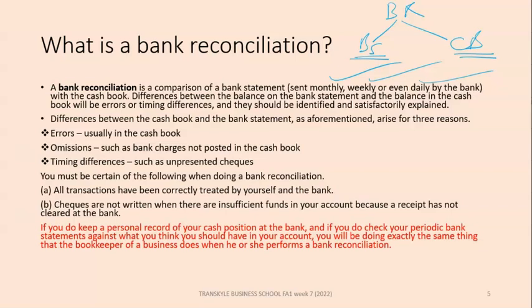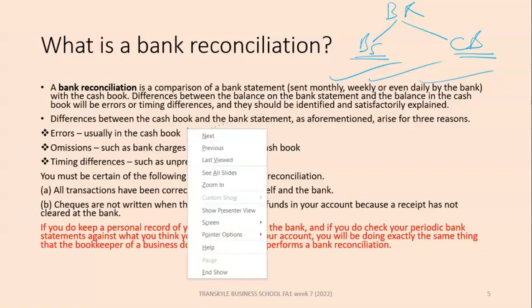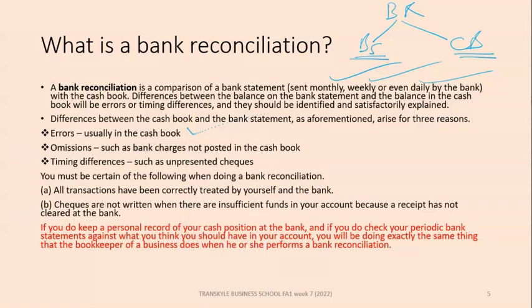So differences between the cash book and the bank statement, as I've mentioned, arise for 3 reasons. Sometimes you might be having errors, usually in the cash book, because it's very rare for the bank to make an error. So it will be our cash book that will be having some issues. Then omissions. But in Zimbabwe, there are some people who are actually earning a living after detecting errors on the bank statements.